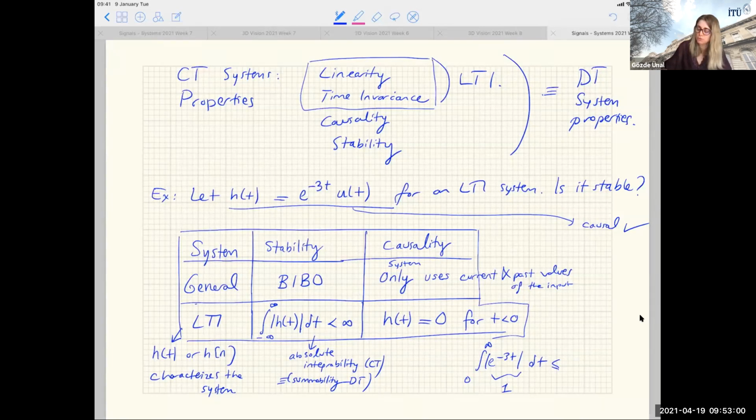I have to really take the integral in this case, but it's already positive in this range. It looks to me absolutely summable. It's minus 1 over 3 times e to the minus 3t.